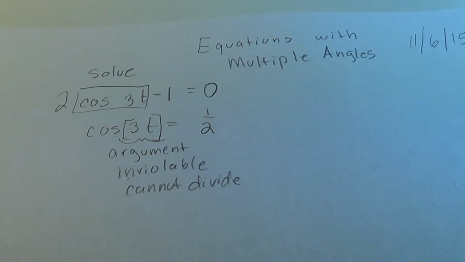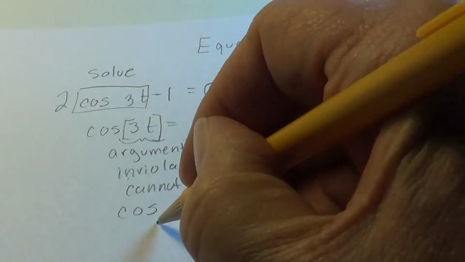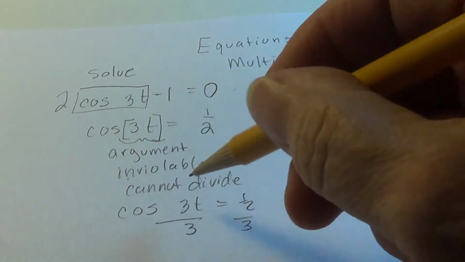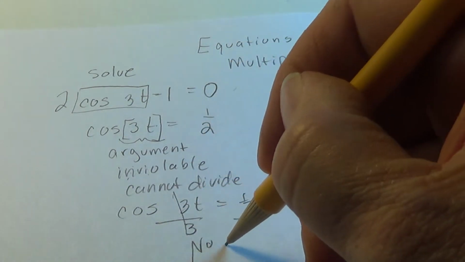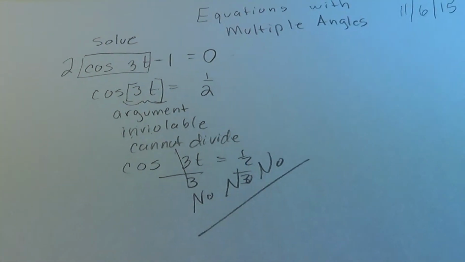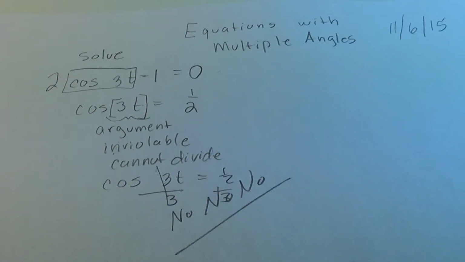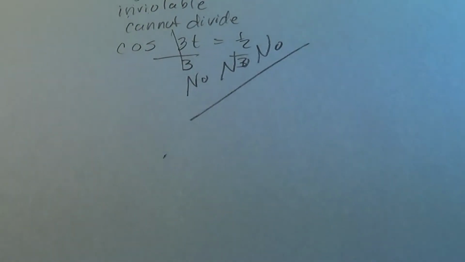So we want to recognize that this is improper. We cannot divide by 3 to get rid of that. No, no, no. All right, so what we can do is, forget we ever thought of dividing both sides by 3 there.